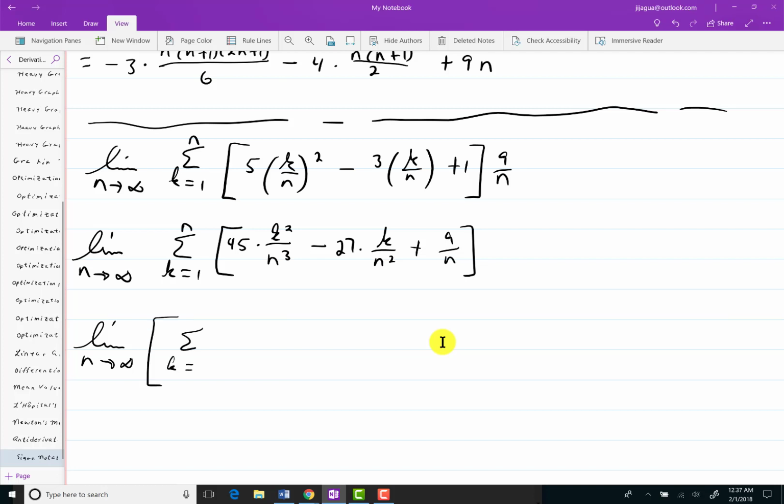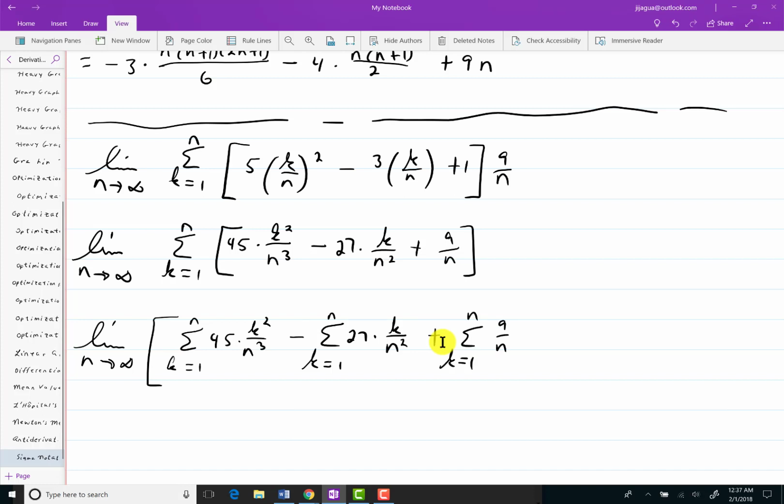I'll do k equals 1 to n of a 45 times k squared over n cubed minus the summation k equals 1 to n 27 times k over n squared plus the summation k equals 1 to n 9 over n.